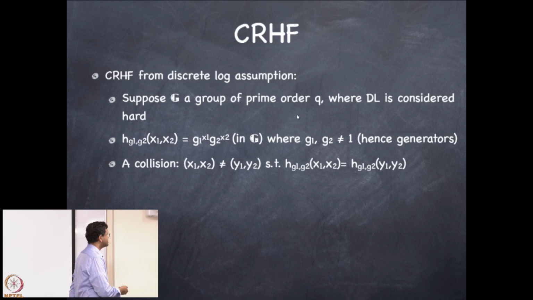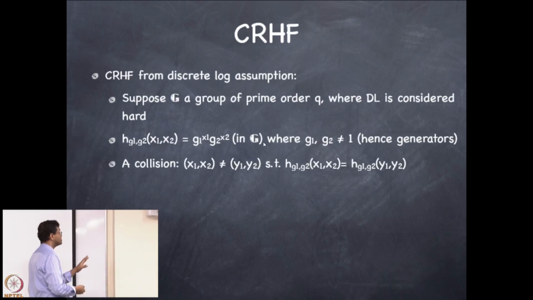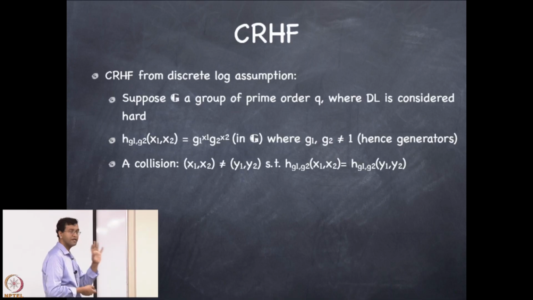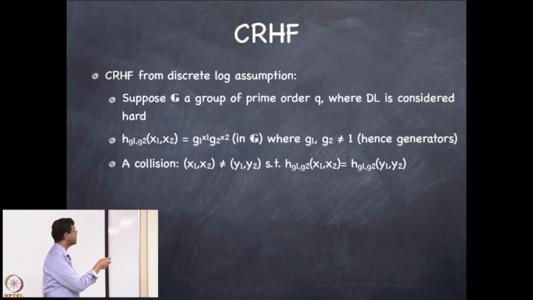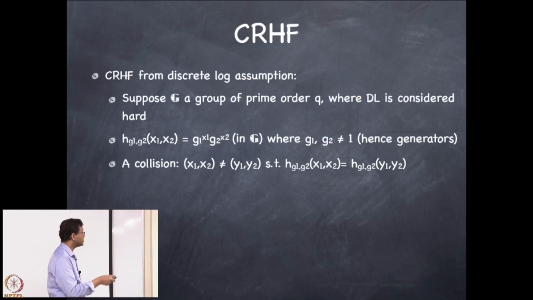Okay, suppose the adversary gave us a collision x1, x2 distinct such that g1 to the power x1, g2 to the power x2 equals g1 to the power y1 times g2 to the power y2. Now, these hash values are equal, and suppose x1 not equal to y1. Okay, so when I say x1, x2 not equal to y1, y2, either x1 not equal to y1 or x2 not equal to y2. Right?